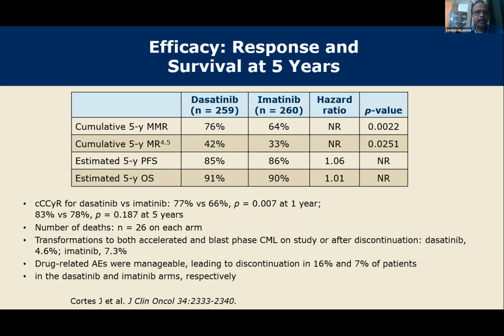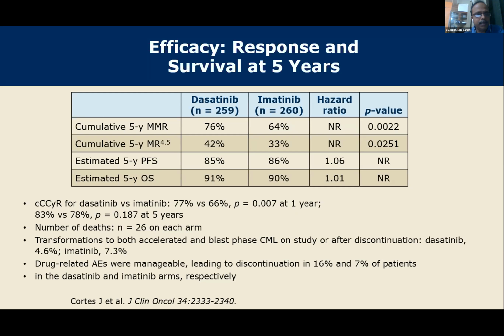So it was quite clear that dasatinib induced a better 5-year MMR and MR 4.5 as compared to imatinib. This was statistically significant. However, the PFS and the OS were, as expected, the same. The complete cytogenetic response for dasatinib and imatinib were statistically significant, more for dasatinib.